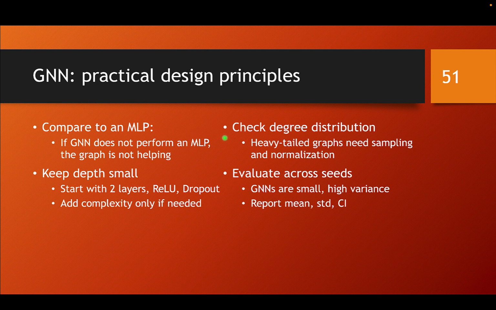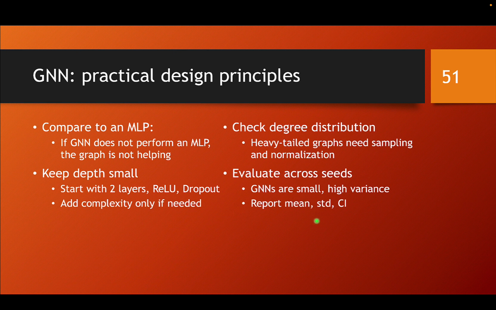But also check the degree distribution. If you have, for example, a heavy-tailed graph in terms of the degree distribution, you might need sampling and normalization. Also, like we discussed for other models, you should evaluate across seeds, because GNNs are typically small and they have high variance.